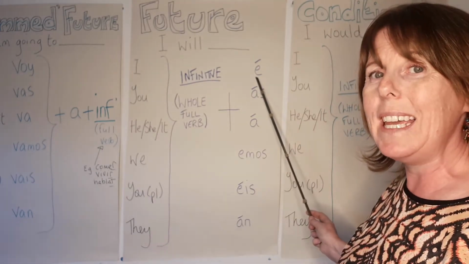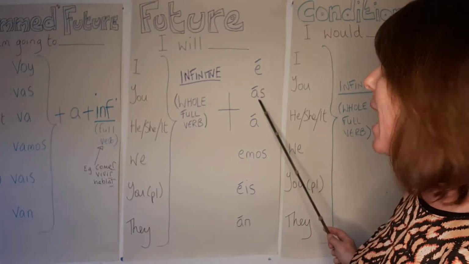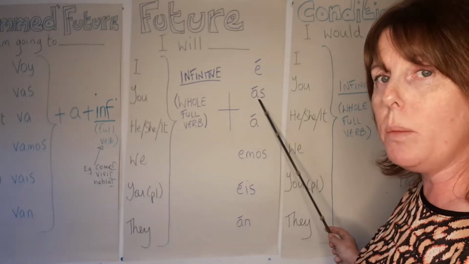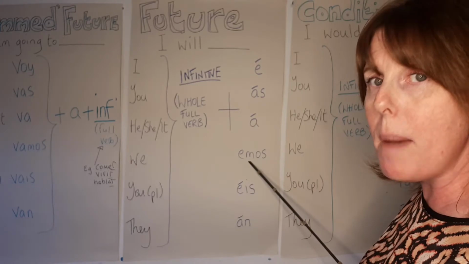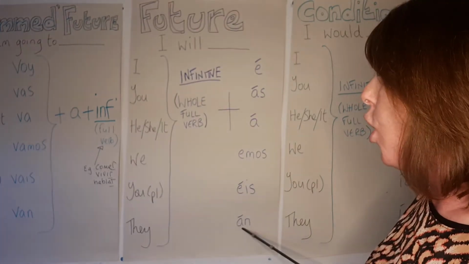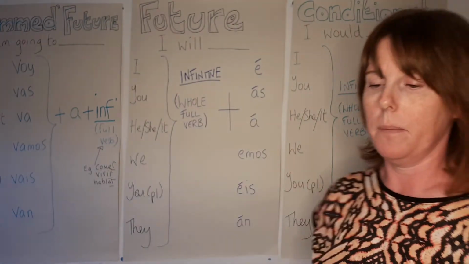So I will eat would be comeré. You will eat, comerás. He, she, or it will eat, comerá. We will eat, comeremos, comeréis, comerán. That's it. So you have the whole verb first, and then you stick an ending on.